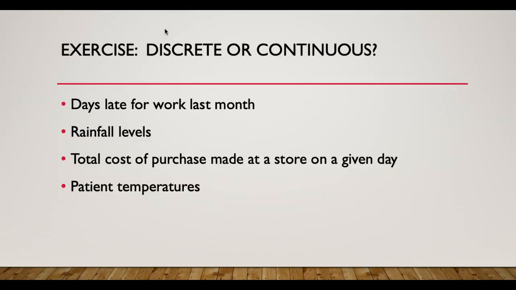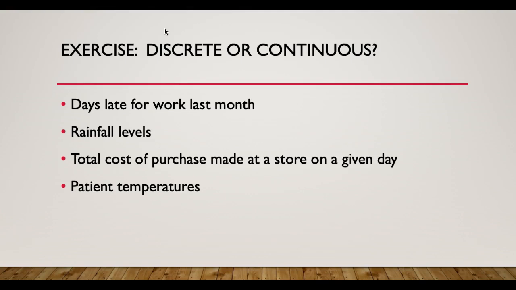So as a little exercise then, if you're counting the days late for work last month, is that discrete or continuous? Since I said the word counting, then you know that it is discrete. Rainfall levels. Rainfall levels can be measured, so that is continuous. It's on a continuum, it's on a limitless scale.